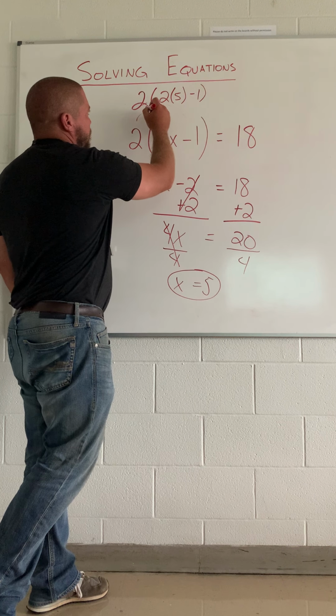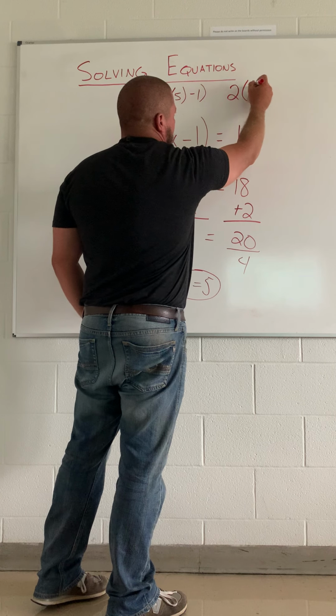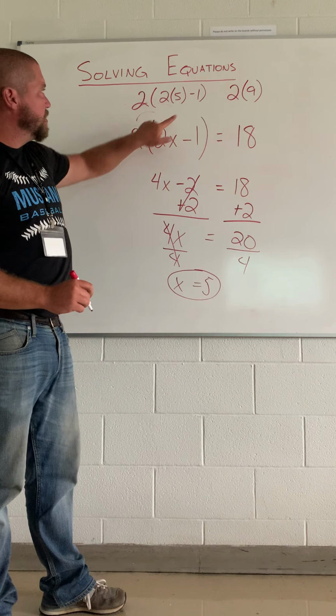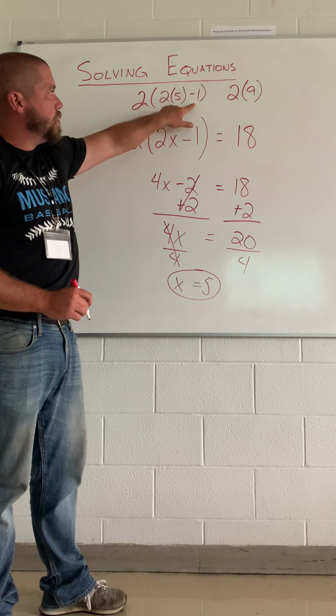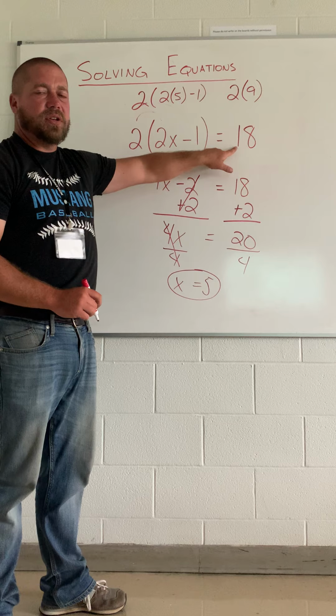So we end up with 2 times 9. 2 times 9 gives us a total on this left side of the equation of 18. And the equation should equal 18.